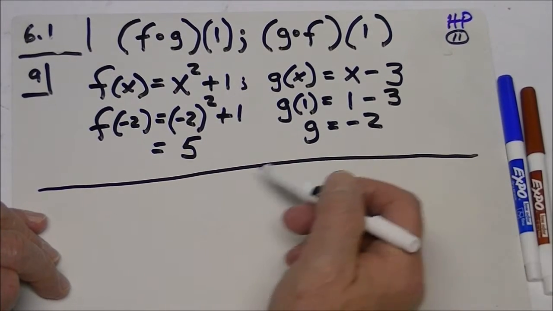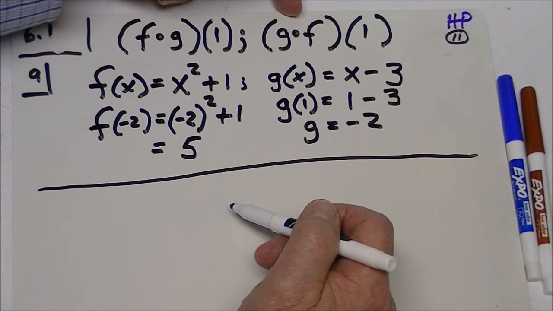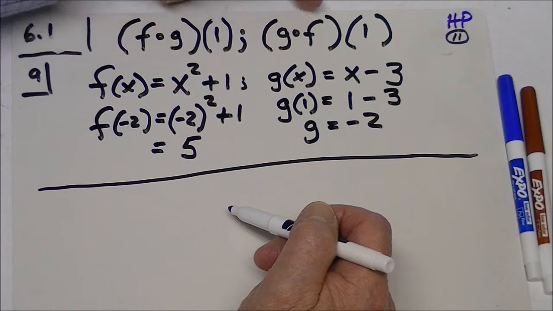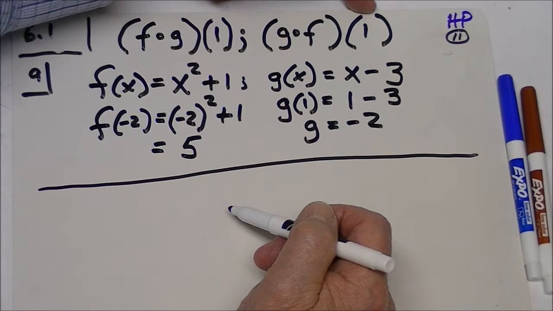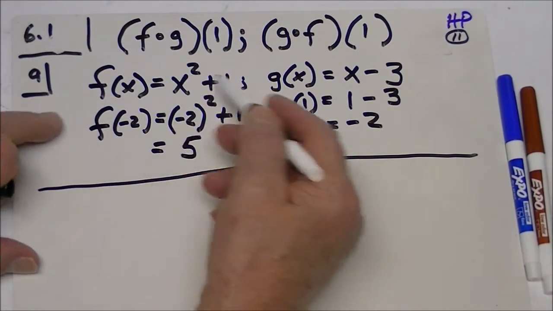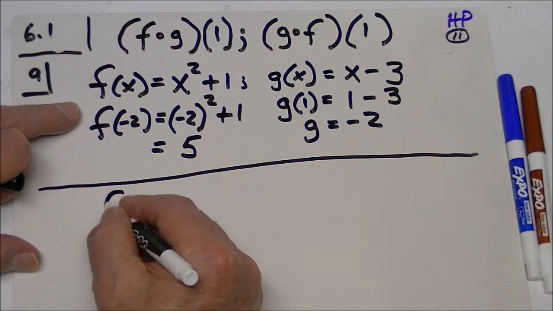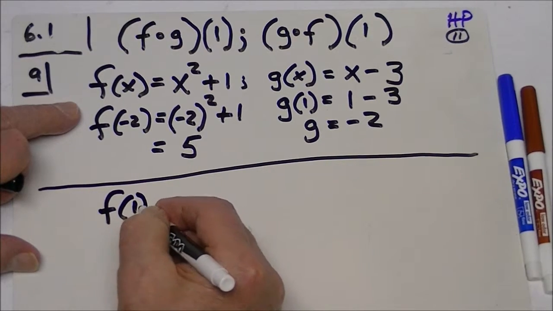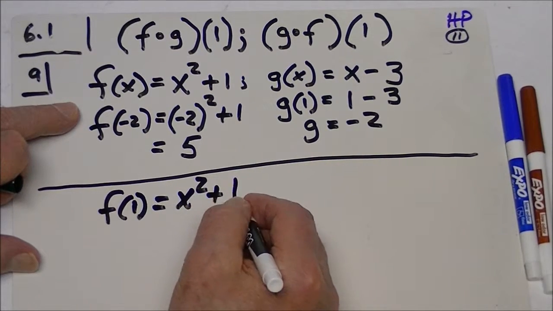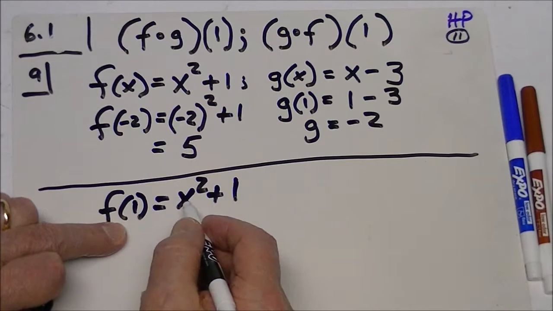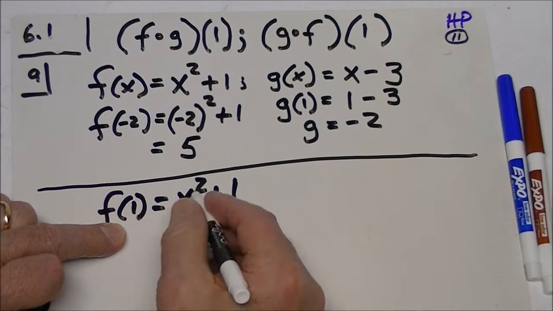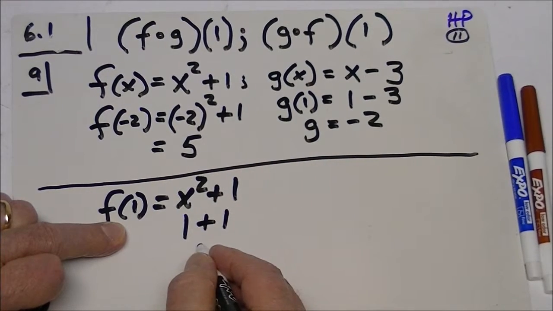Now to keep that there, we want to then do the next part of this, where it's g composed of f, and again our value is 1. So what we're going to do now is put the 1 in our f function first. So f of 1 is equal to x squared plus 1. So now x is 1. 1 squared is 1. 1 plus 1 is 2.